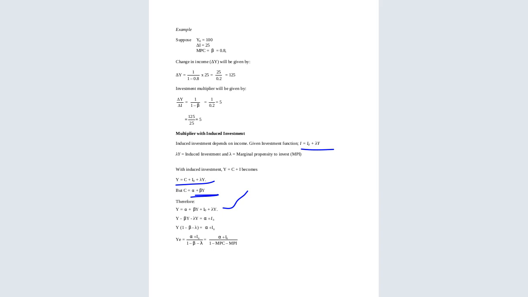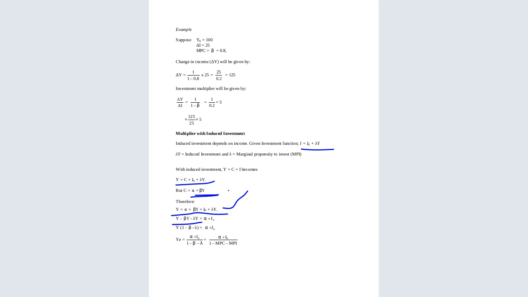So take beta y and y to the left hand side. If you do so, this is what you will have. Now you can solve, or you can factor out y. So if you factor out y, this is what we'll have.